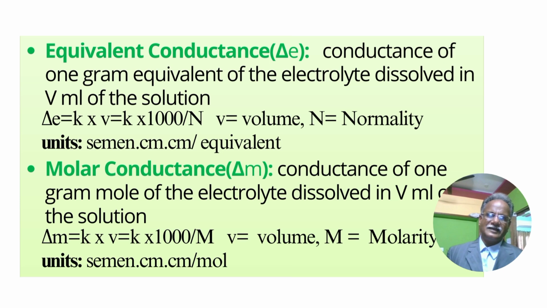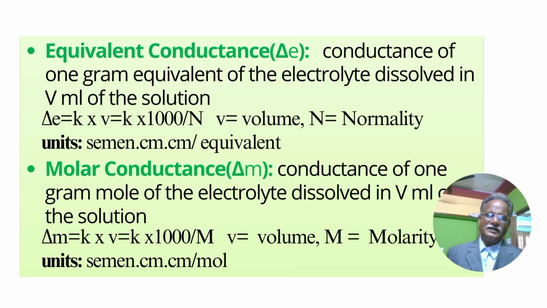In molar conductance, we are stating that gram mole of electrolyte. This can be represented as delta M. Delta M is equal to K into V. Here K represents specific conductance. V represents volume. In other words, it can be represented as K into 1000 by M. Here M is equal to molarity.